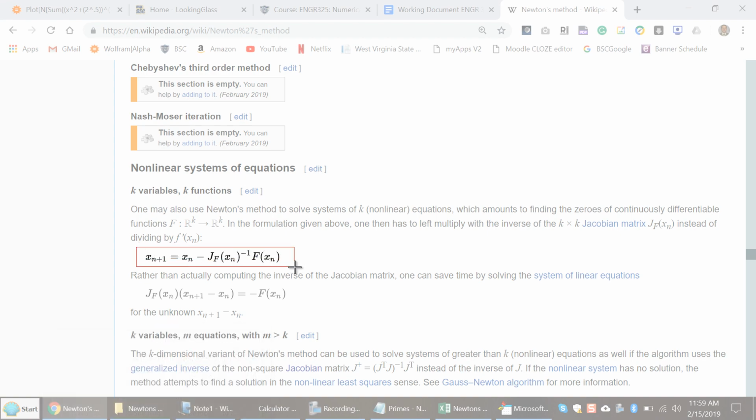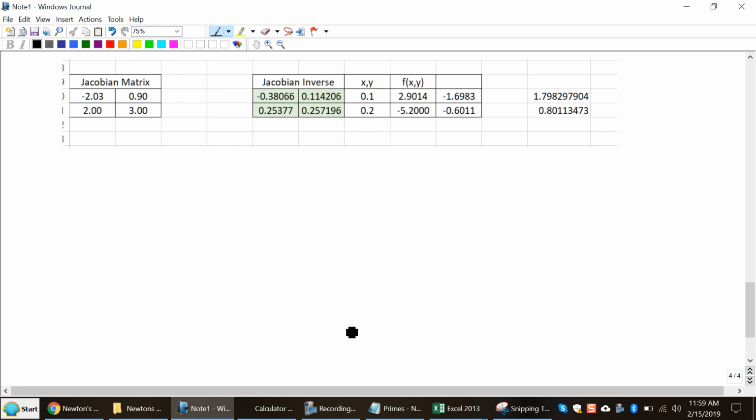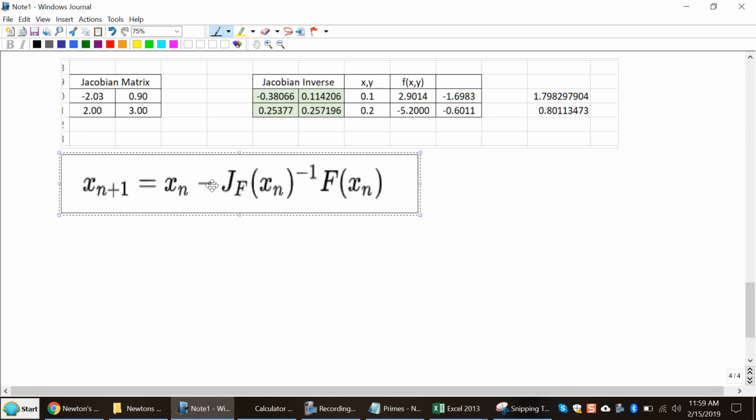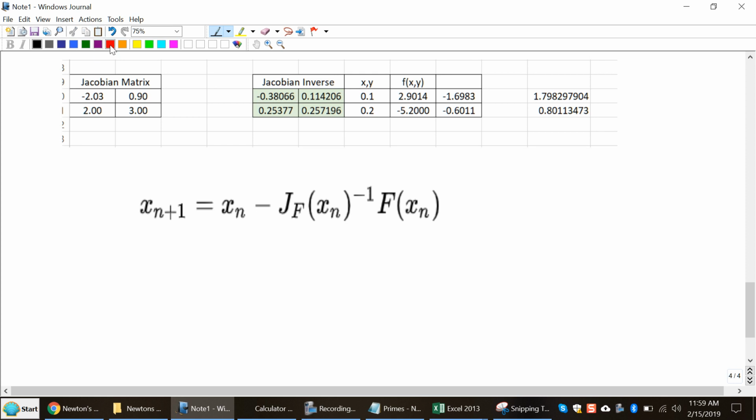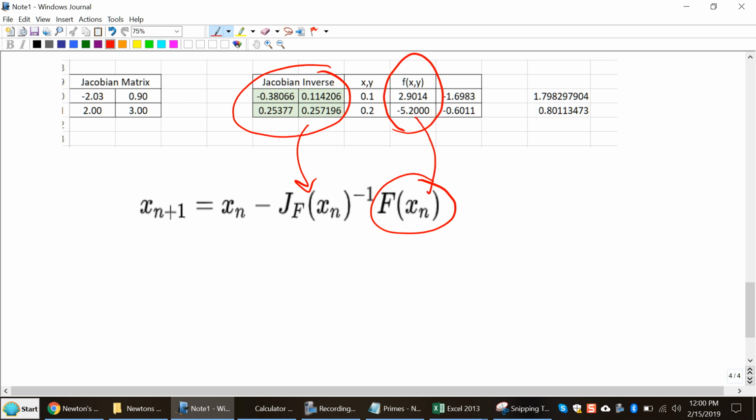This formula right here, I want you to see how it relates. The Jacobian inverse is this right here. The function where it's evaluated, the actual z value, is this right here, with these numbers being plugged into here.